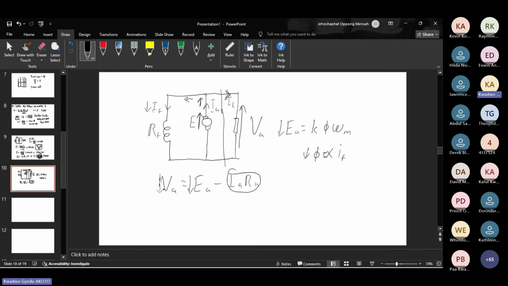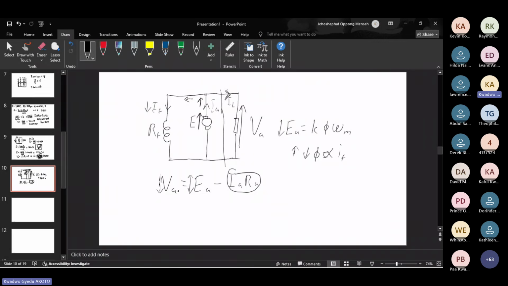So our terminal voltage is going to reduce by a lot more, right? So we are going to add another field in series to boost our flux, so that once IF goes down, our flux is still boosted by our series field. So that EA can be at a certain higher level, such that once the IA RA drop comes in, we can have a high VA.